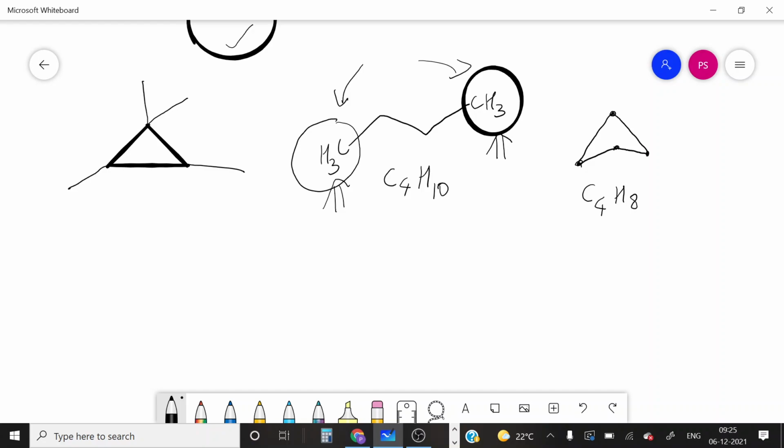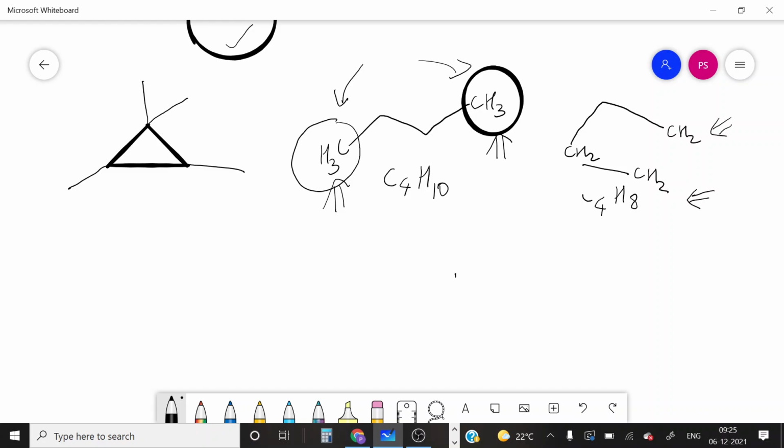For example, CH2 CH2 CH2 CH2. Now you can see here terminal carbons are CH2 now and not CH3.